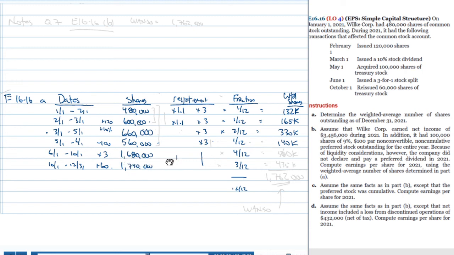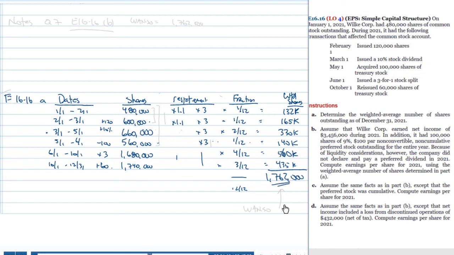1,680,000. We don't have to increase that because this has already been subject to the stock split and the dividend. So 1,680,000 times 4/12 is 560,000. And 1,740,000 for the last 3 months of the year is 435K. And so if you add all these up, you get 1,762,000 shares.